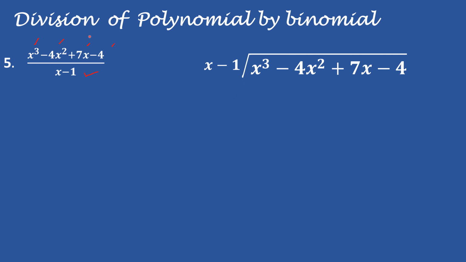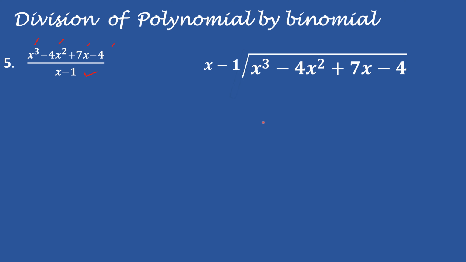If they are already listed in descending manner, then we can write it in here. So as what we did in long division with pure whole numbers, we do it here, in finding the quotient of a polynomial by a binomial.